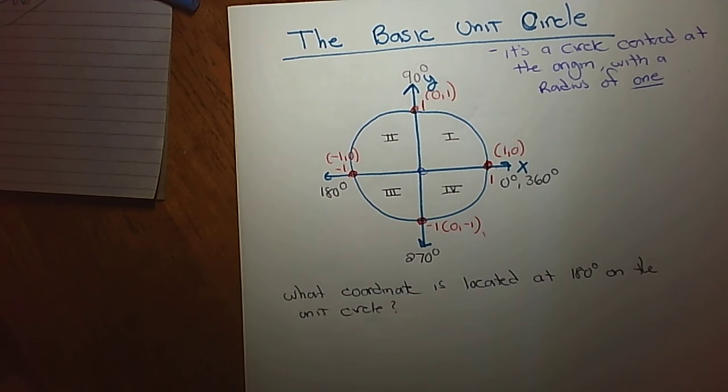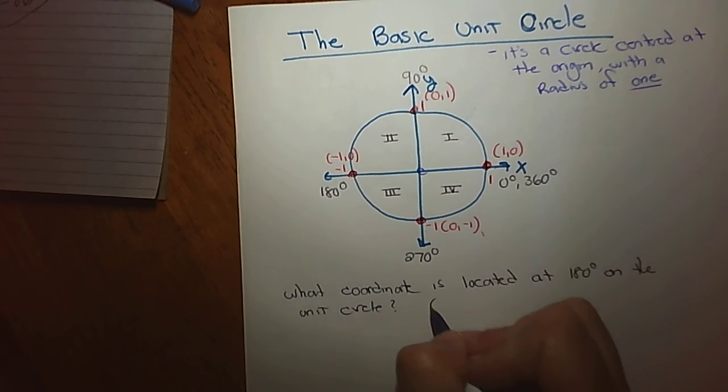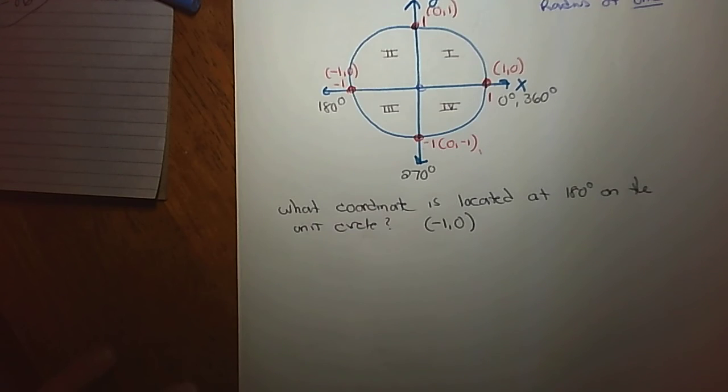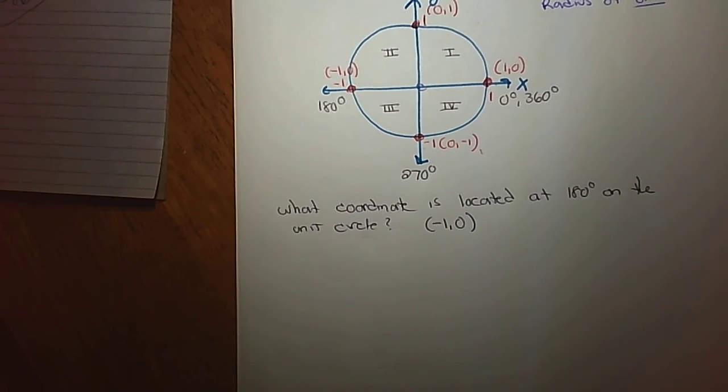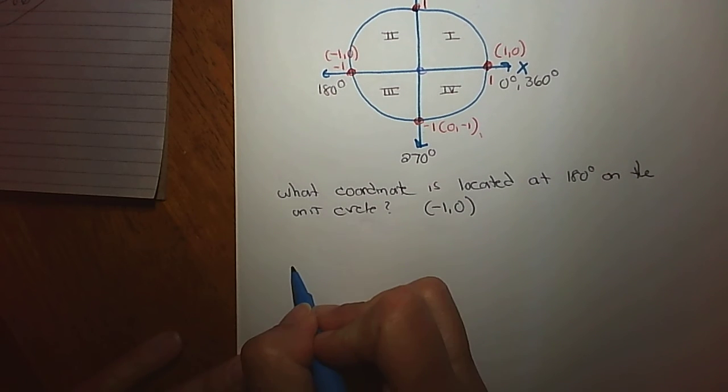So what coordinate or point is located at 180 degrees on the unit circle? So if you went to 180 degrees, what point would be there? You would say the point negative 1, 0.